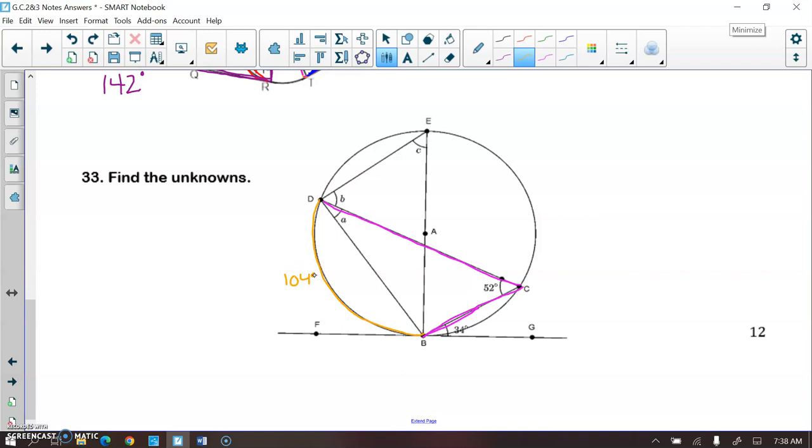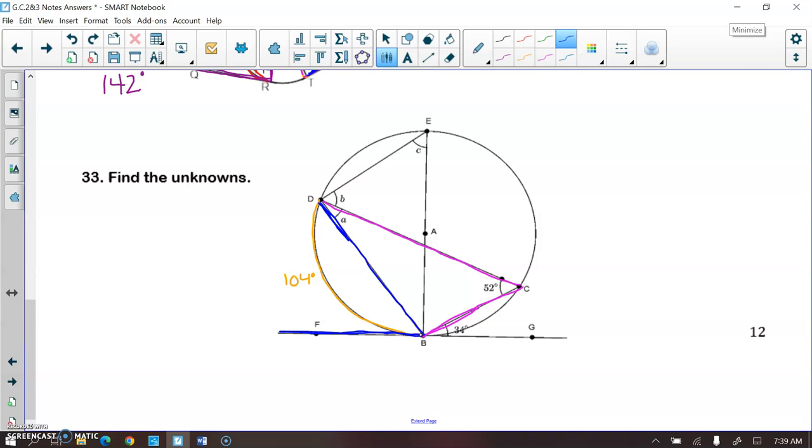But what else intersects this arc is this angle formed by this chord and this tangent. And remember that the rule is that it is half the measure of the arc that it intercepts.